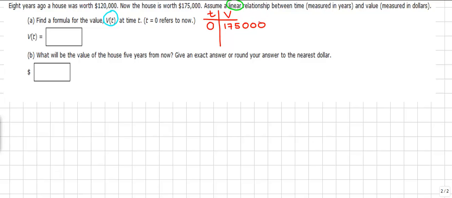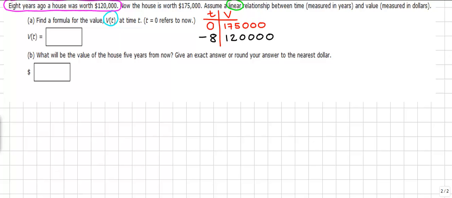I need a second data point. So I'll read the problem again and look for some other information. At the beginning of the problem it says 8 years ago a house was worth $120,000. In reference to now, 8 years ago would be a time of -8 and a value of $120,000.